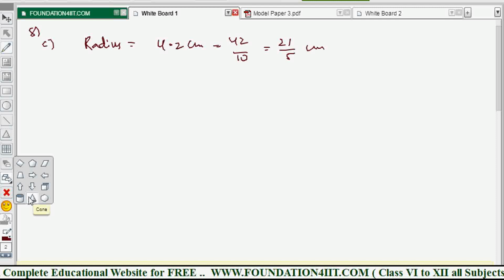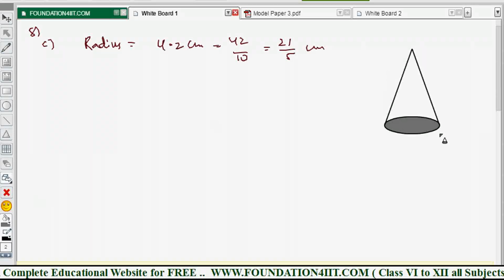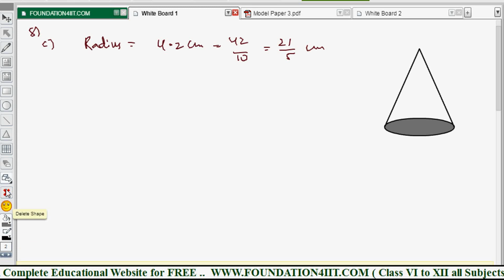So if you take the cone and hemisphere, let me draw the hemispherical shape. And the radius is the same for both. So it is 4.2 centimeters, and from here to here this height is also 4.2 centimeters.